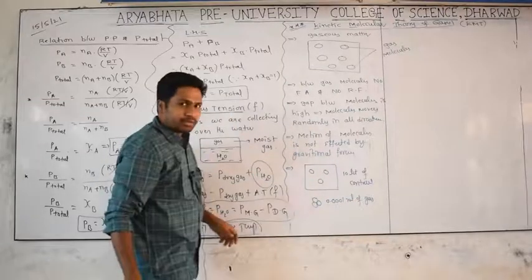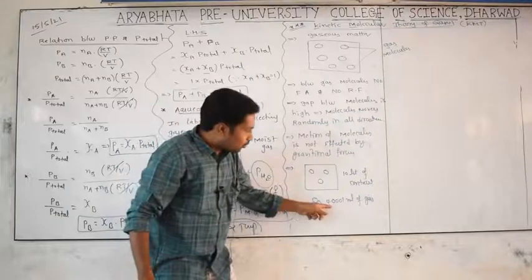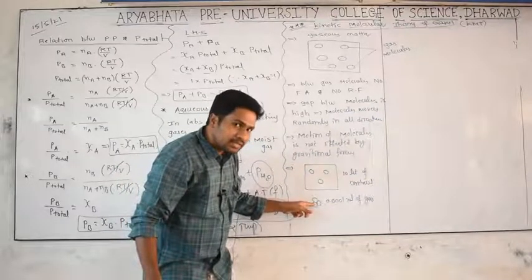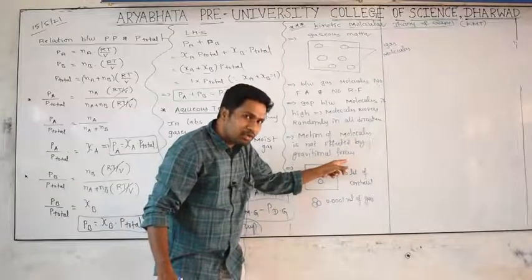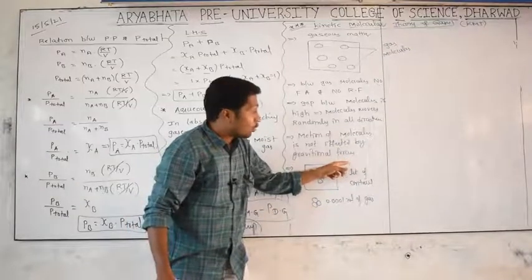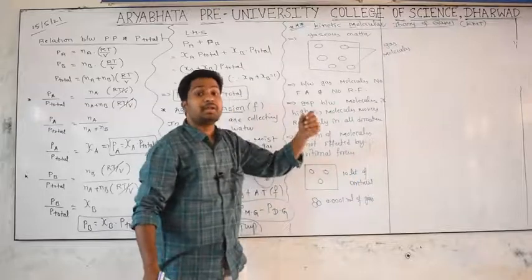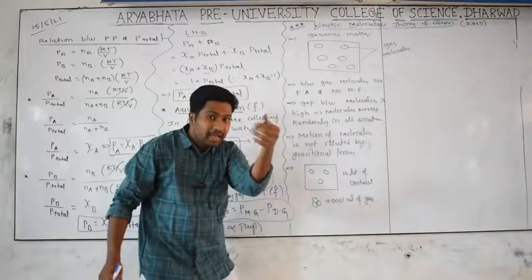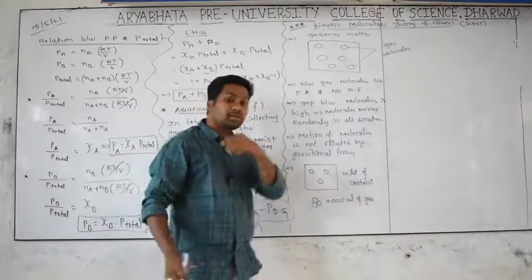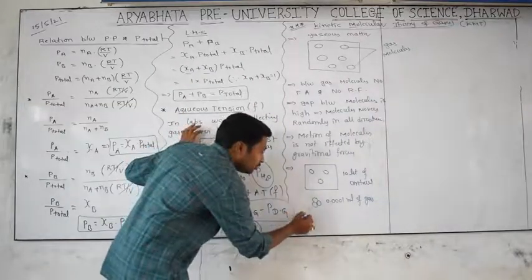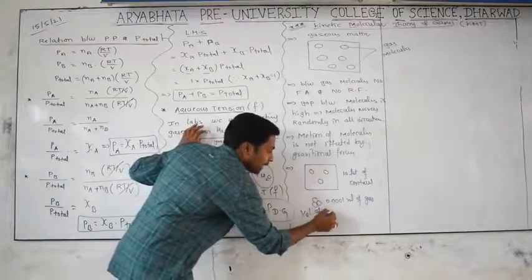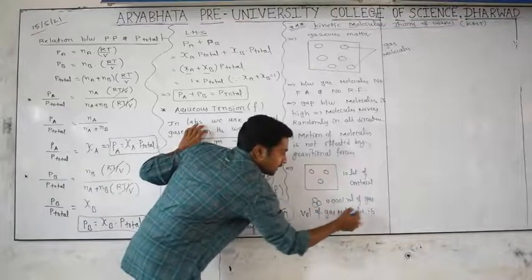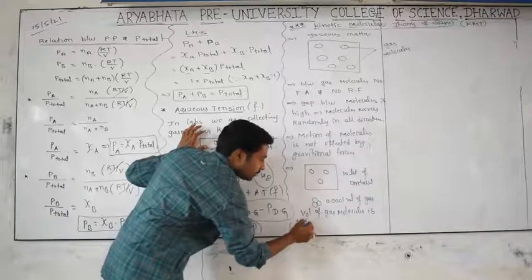Observe very carefully. Is the volume of the gas molecules considerable compared with the volume of the vessel? No. Why? The volume of the vessel is very high, but the volume occupied by the gas molecules is very small. That is why we say the volume of gas molecules is negligible.